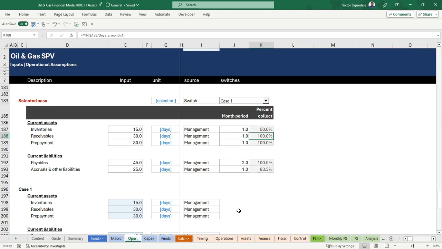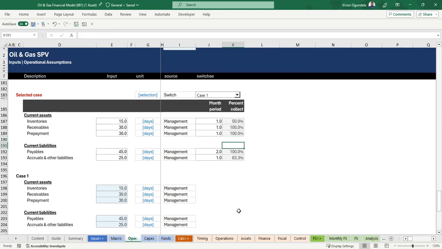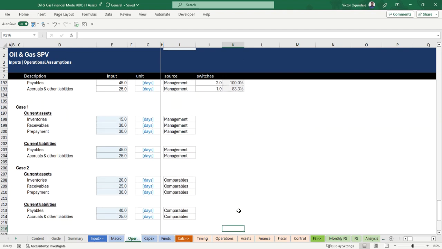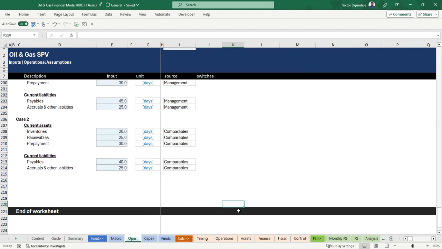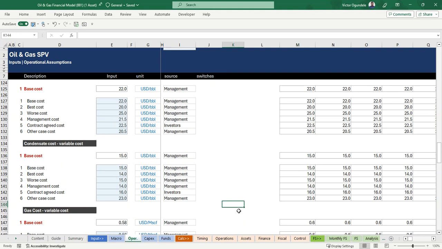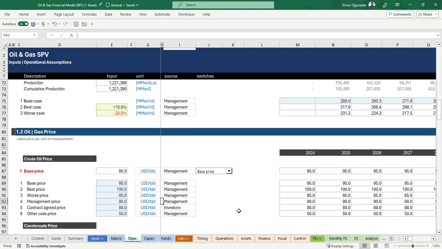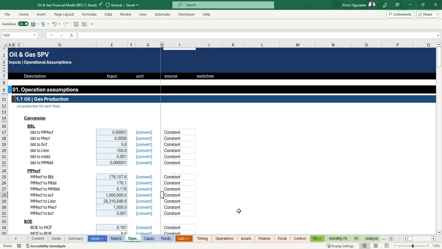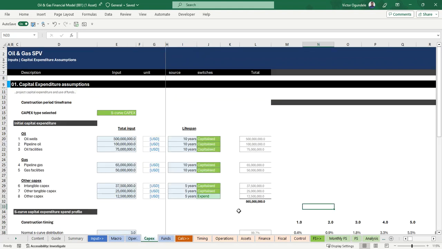Things like that also need to be considered, because they definitely drive our net working capital. So for the operations, we've considered those three: production, the pricing, and also the applicable net working capital. In the next video, we'll take a look at the capex assumptions.